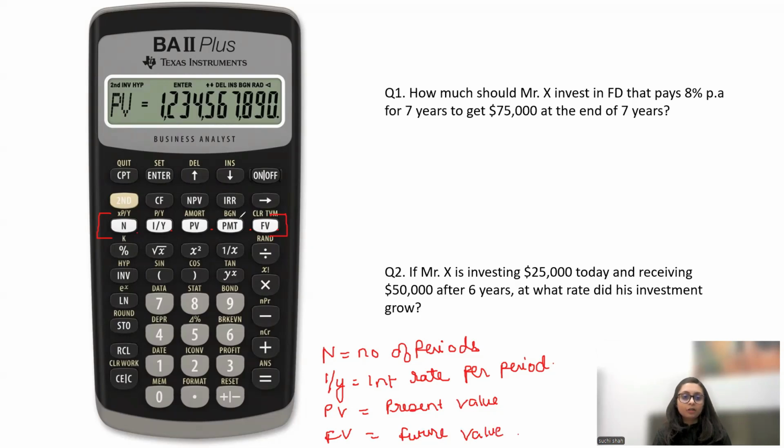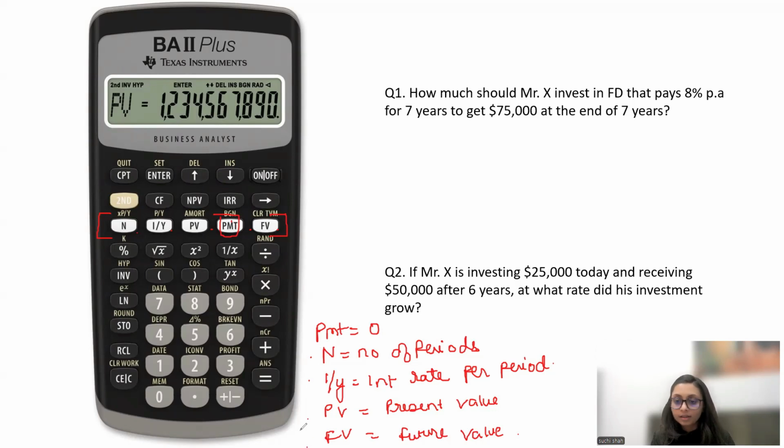This PMT function, we are keeping it on hold right now. We will learn it later. It is a bit advanced one, so we'll come back to it later on. So for now, how many ever questions we do, okay, we will always take this PMT as 0. Yes? We'll now solve questions with the remaining 4 information only.